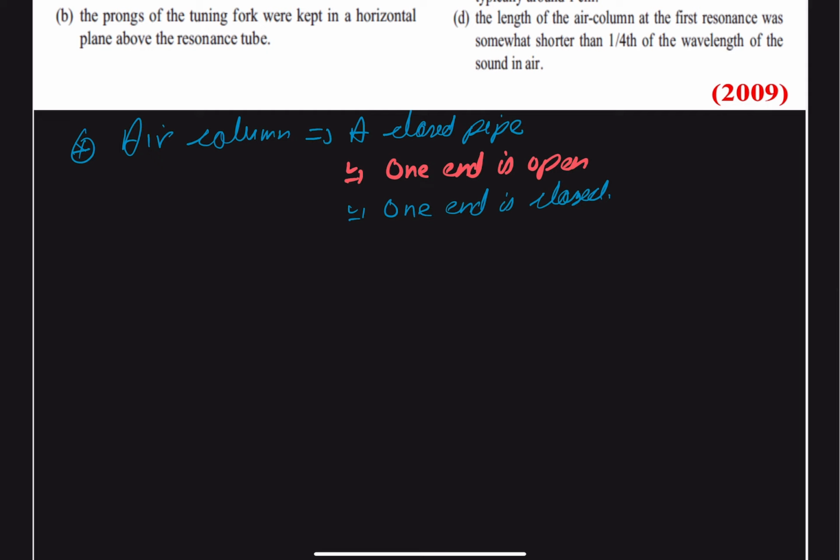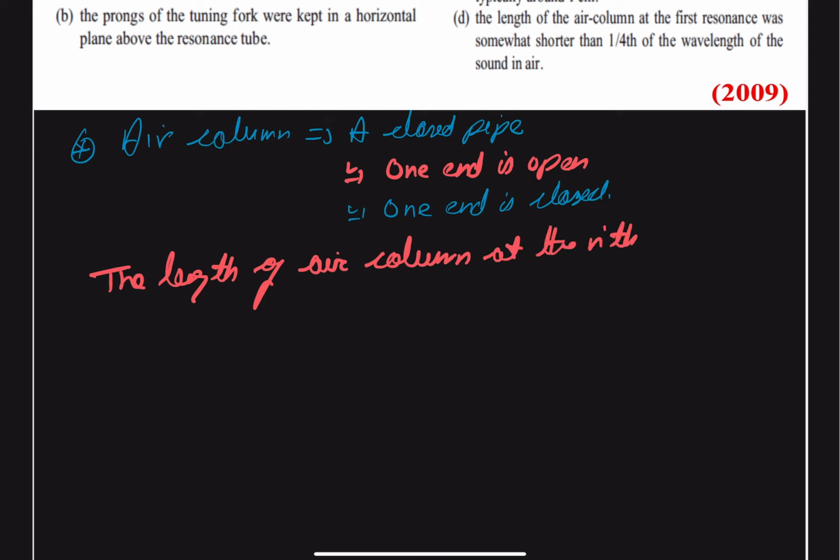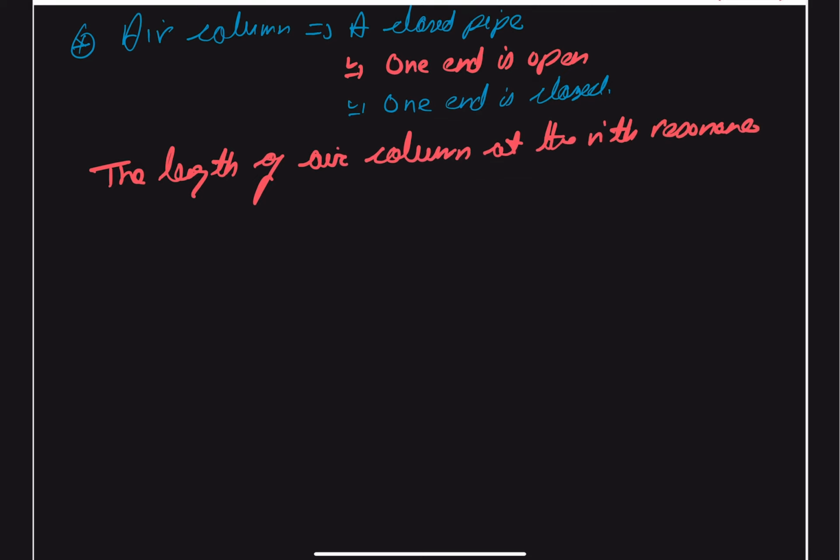So we can say the length of the air column at the nth resonance, we can write that formula as Ln is equal to (2n minus 1) multiplied by lambda by 4, where the value of n is 1, 2, 3 and so on.